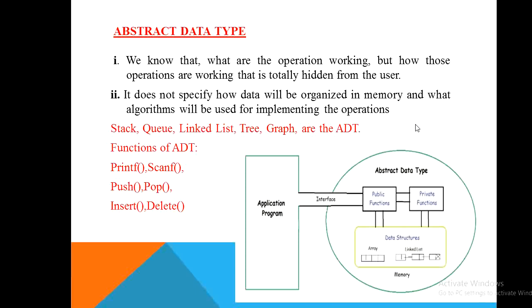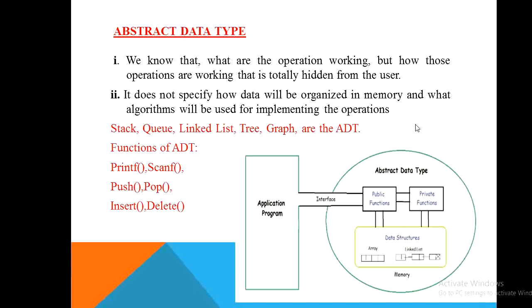Here in the picture there is one application program. In the application program we use functions, suppose printf, scanf, push, pop, insert, delete. These are the functions we are going to use, and these functions have to be applied on the data structures given in the picture, that is array, linked list, in memory locations, right?